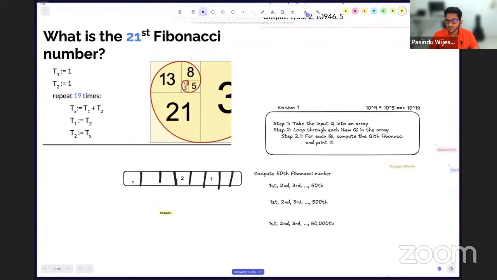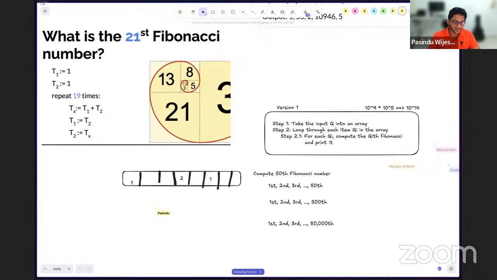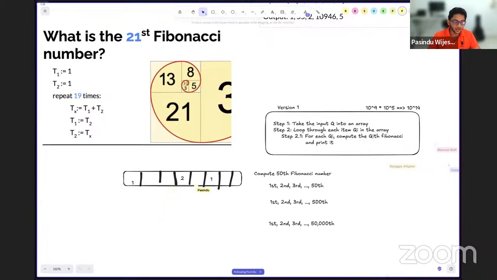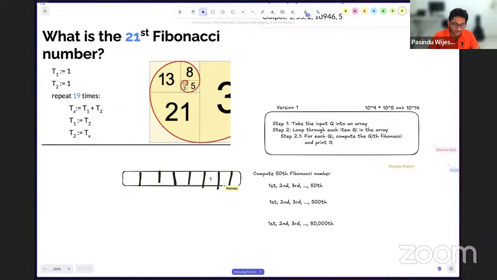As we are computing up to the max Qi Fibonacci number, as we compute a result, we can take a look at this array and see if we have any requests for that particular index. If there is, we can store the result in another parallel array.